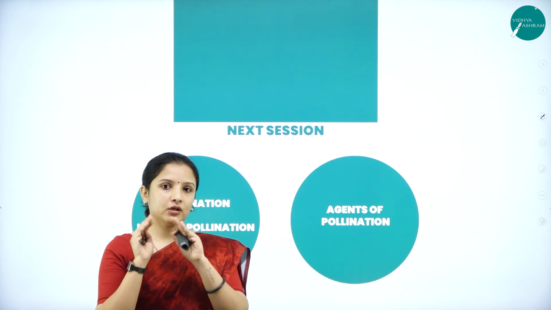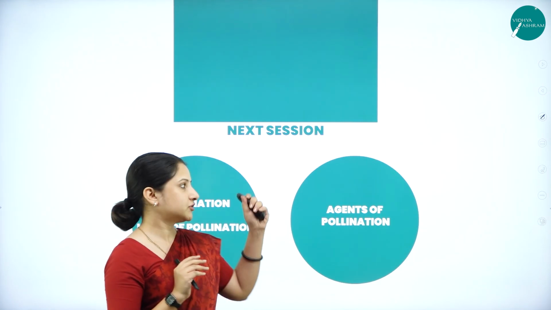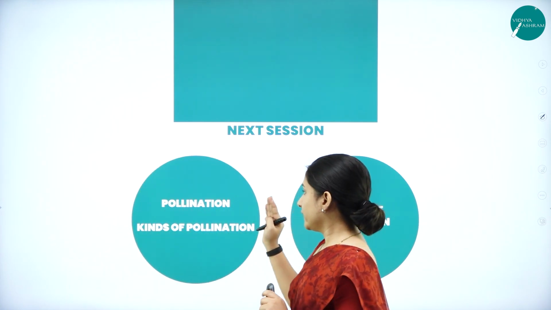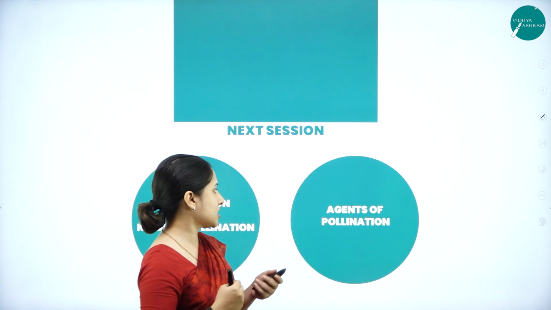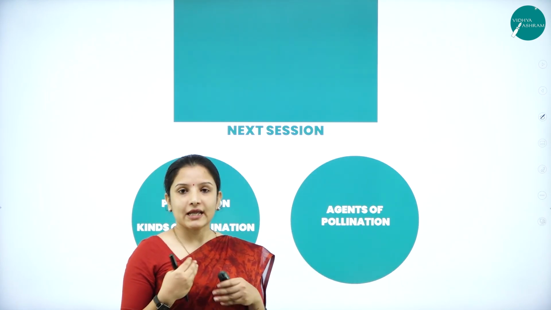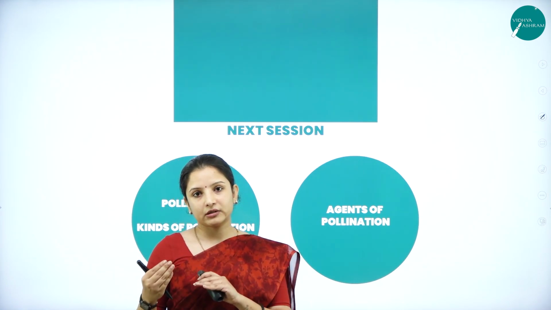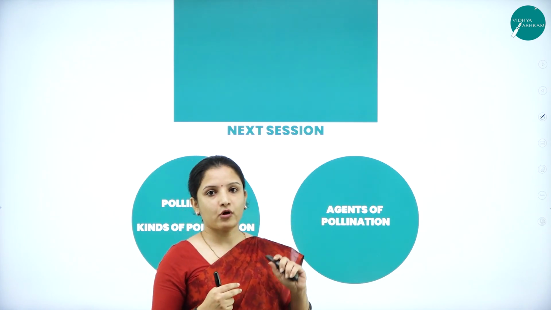If you need to learn about the double fertilization event, first you need to know about pollination. So in the next session, we will focus on the different types of pollination and the different agents that help in carrying pollen grains from the anther to the stigma, the agents of pollination.